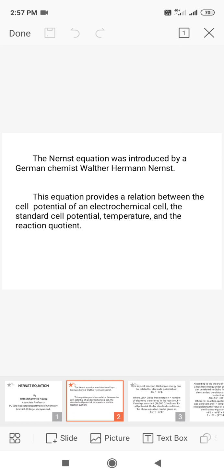The reaction quotient is nothing but the concentration of an electrolyte with which an electrode is in contact.